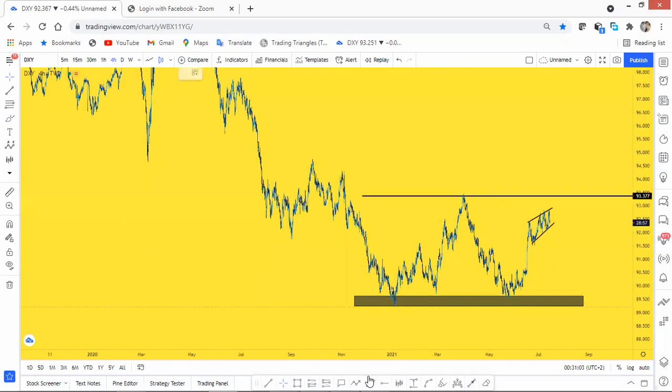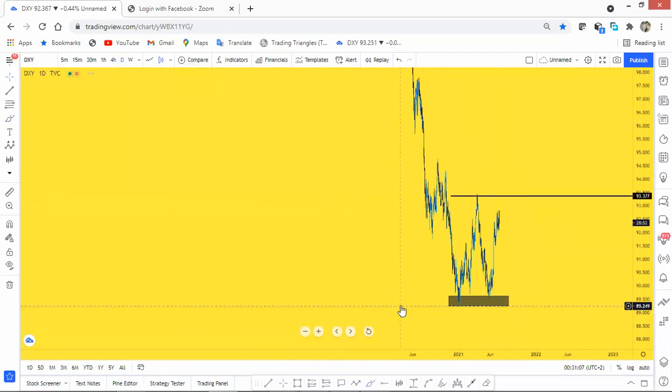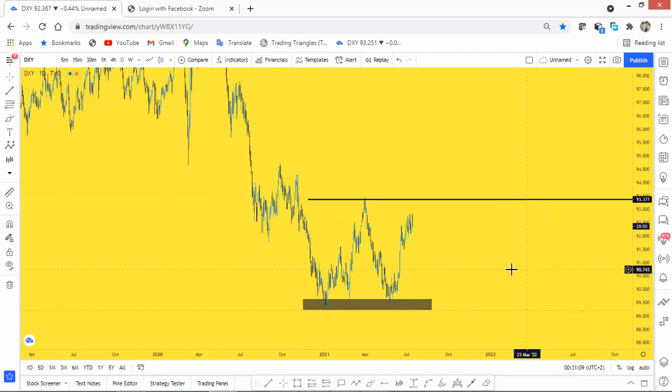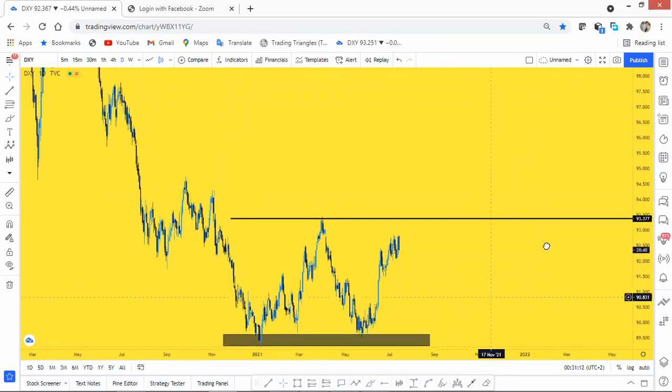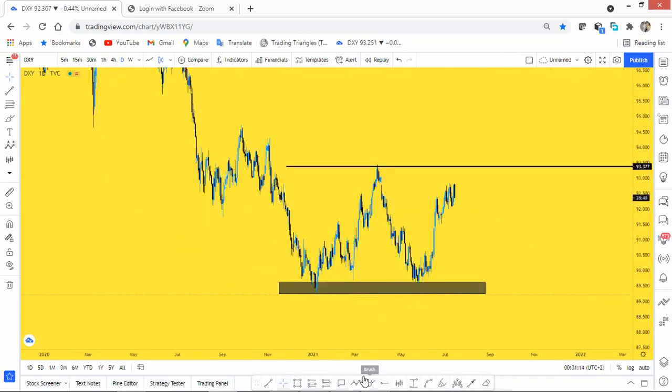He noticed that on the daily, let me go back to the daily time frame. There's a pattern within the strategy called an ascending channel.